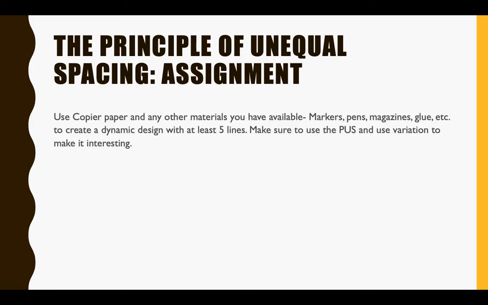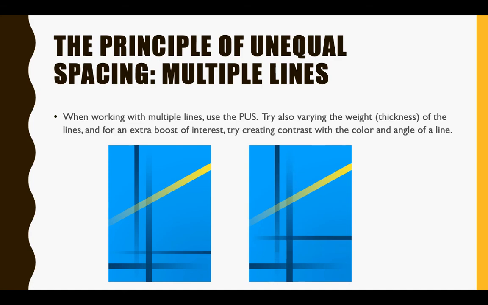Use copier paper and then other materials, so you can use markers, pens, magazines, glue, construction paper, to create a dynamic design with at least 5 lines. Make sure you use the principle of unequal spacing and use a variation to create energy. So this is your inspiration right here, but this is digital.